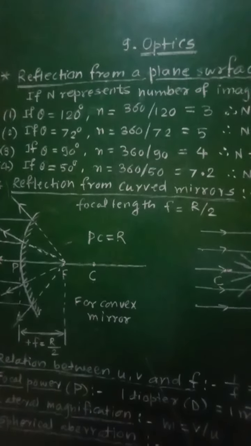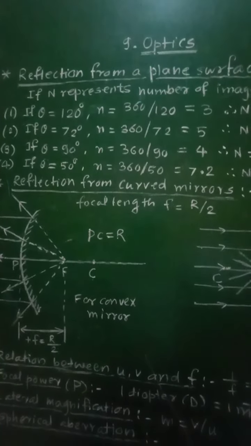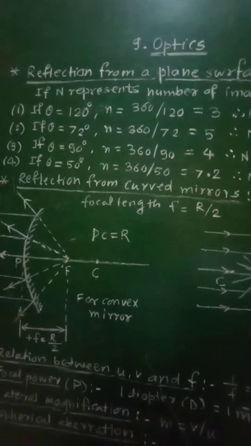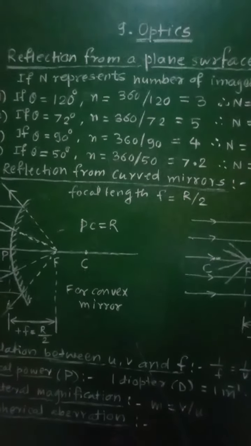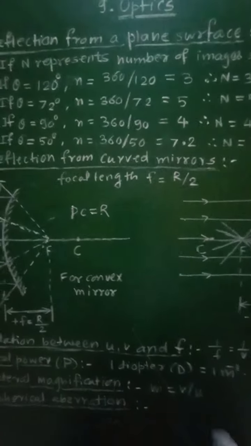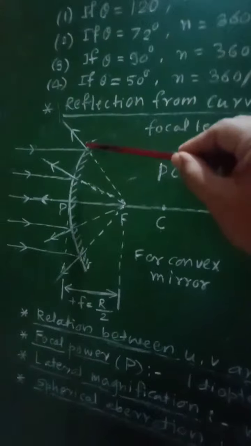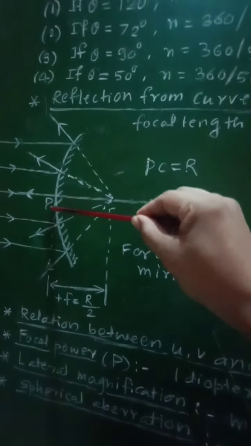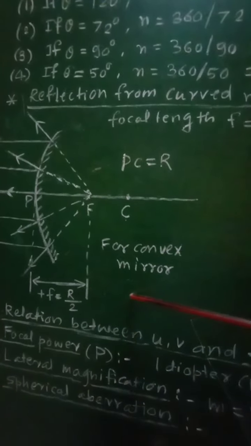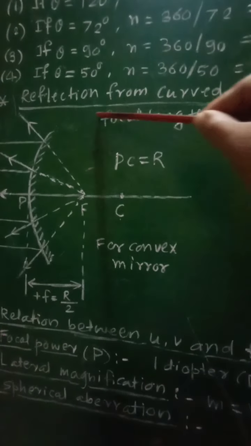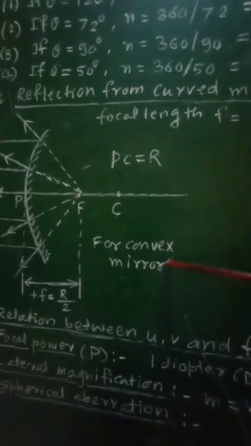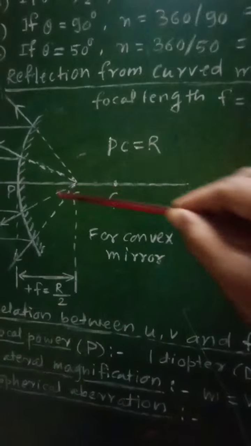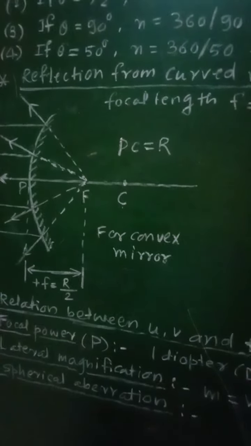So the radius of the sphere of which a mirror is a part is called the radius of curvature R of that mirror. If you consider, for example, this mirror, it is a small part of a sphere. If you form a whole sphere like this, including this mirror, then the radius of this sphere will be the radius of curvature for that mirror.